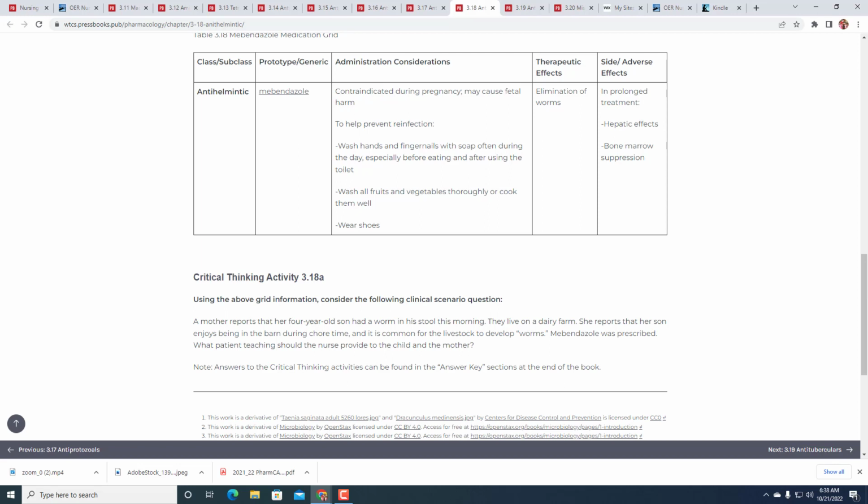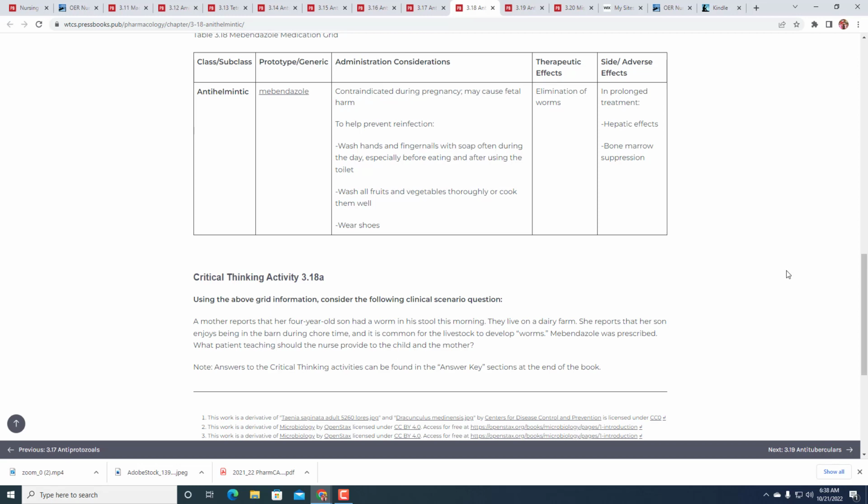But there's going to be feces in that barn, and what we want to do is we want to make sure that we stay away from it. So again, an antihelmintic like mebendazole is something that we really can use very well just to eliminate the worms, but prevention is another part of it.